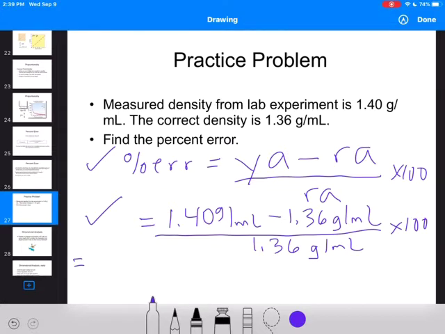So I'm going to grab my handy dandy calculator here and take a look at how that turns out. 1.40 minus 1.36. Calculator says in a screen dump 0.04. Now does that mean I can record 0.04 there? And if you said yes, you were right, because 1.40 has 2 decimal places.